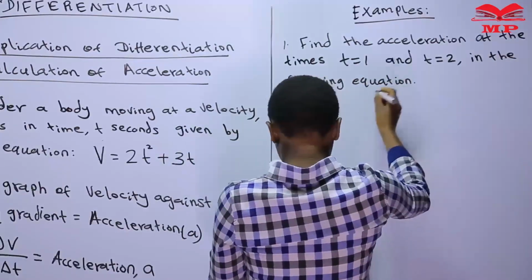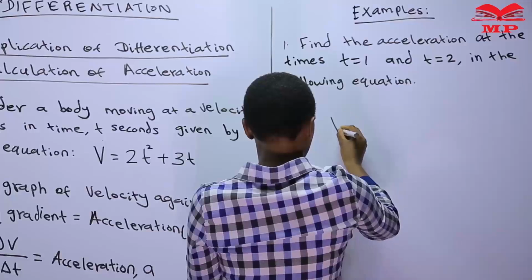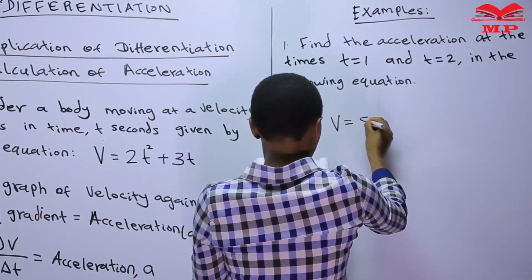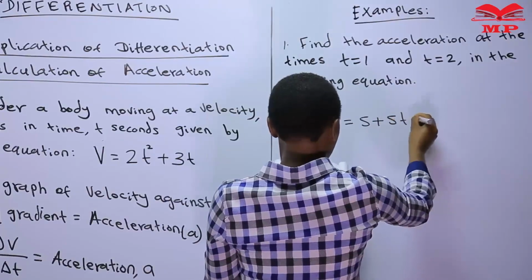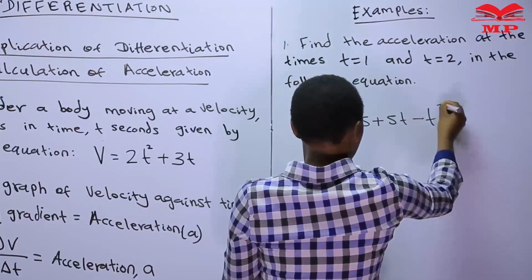And the equation that you have been given is that v is equal to 5 plus 5t minus t squared.